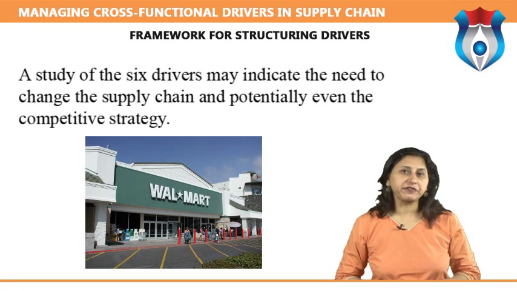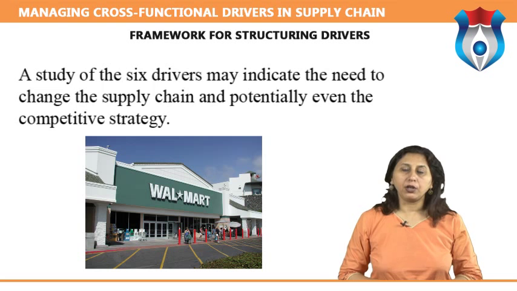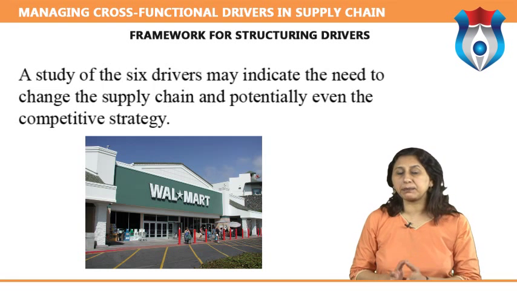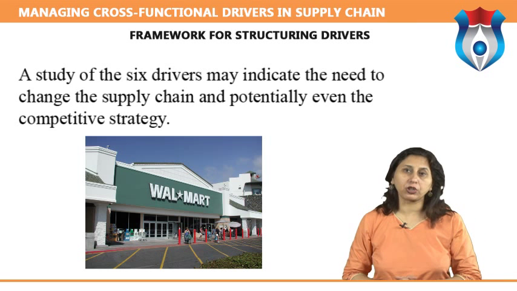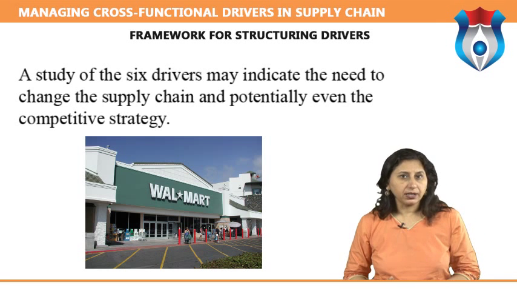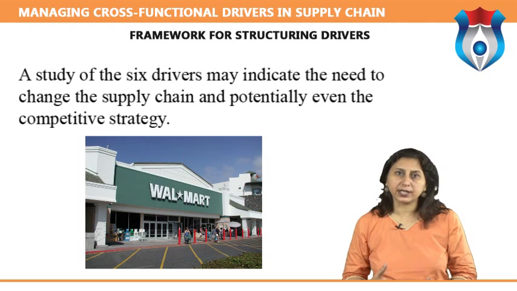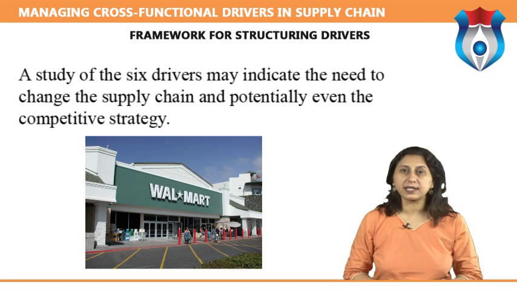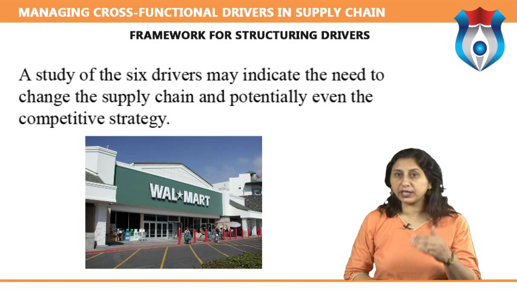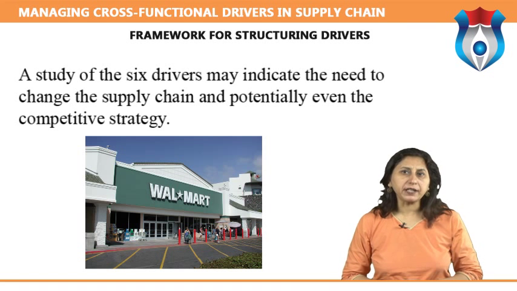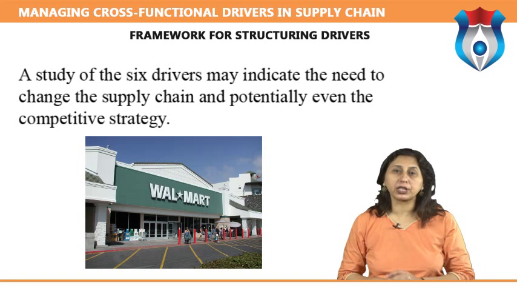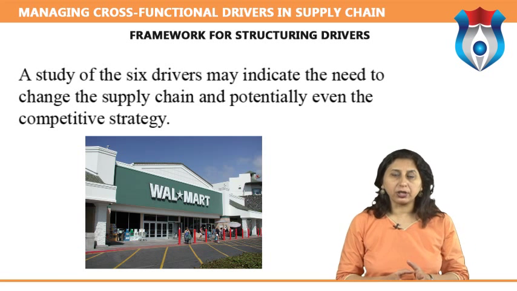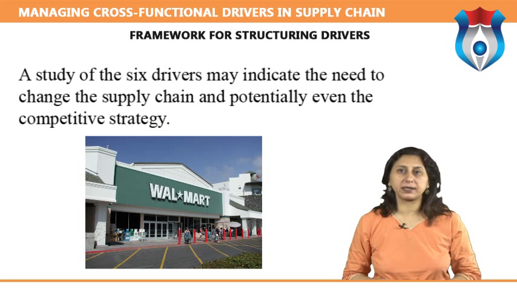To utilize information in the supply chain, Walmart has invested significantly more than its competitors in information technology. As a result, Walmart is a leader in its use of the information driver to improve responsiveness and decrease inventory investment. Walmart feeds demand information across the supply chain to suppliers who manufacture only what is being demanded.